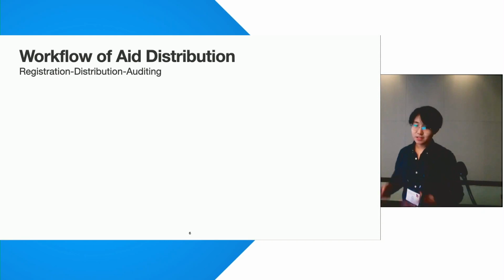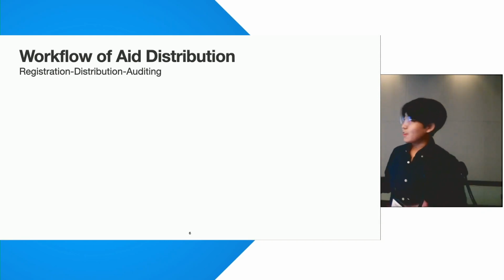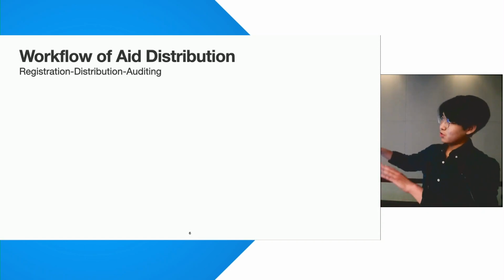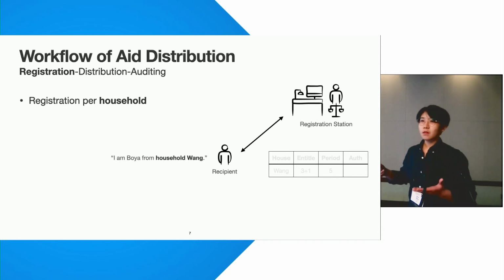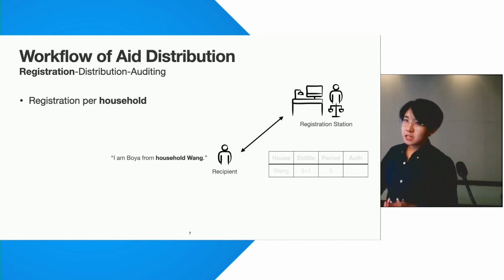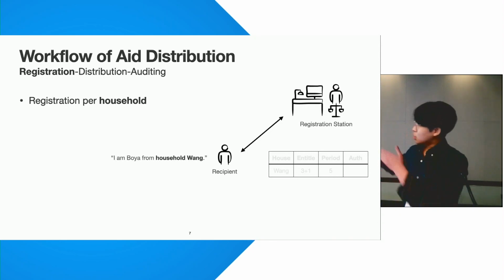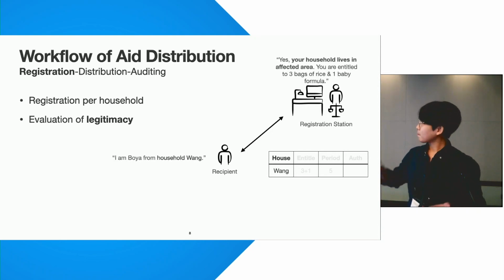So how does the ICRC distribute aid? Let me walk you through an example. There are 3 phases in our abstraction. First, the registration phase. Because the aid is allocated per household, a recipient must first go to the registration station as a representative of the household.